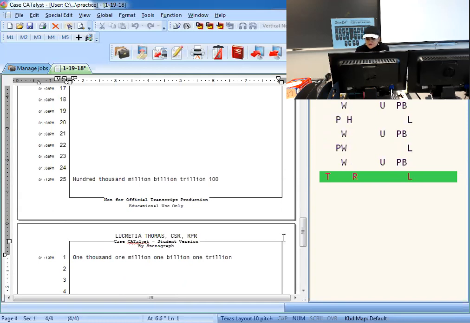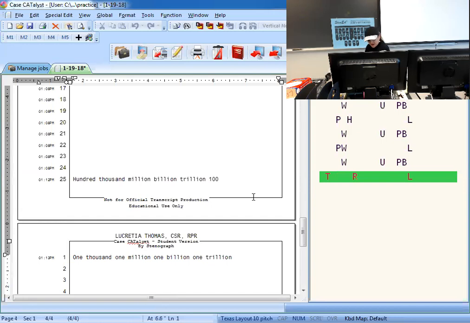Okay? Make sure you know these, you all. They're for big numbers because sometimes you might be in a case where they're just reading off numbers and numbers and numbers, and you have to be able to get it because if your recorder fails, you have to be able to write these numbers just with your machine. So make sure that you all learn these numbers, okay?